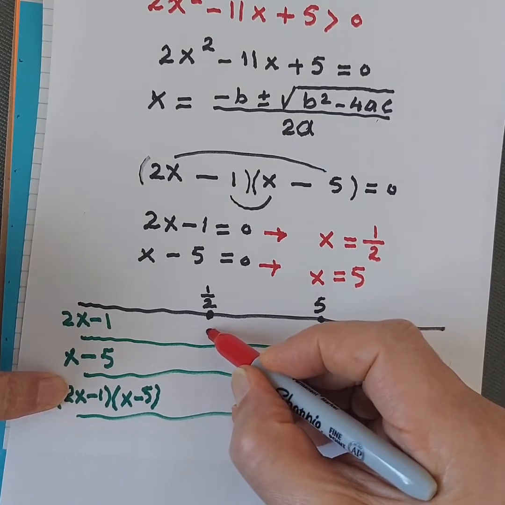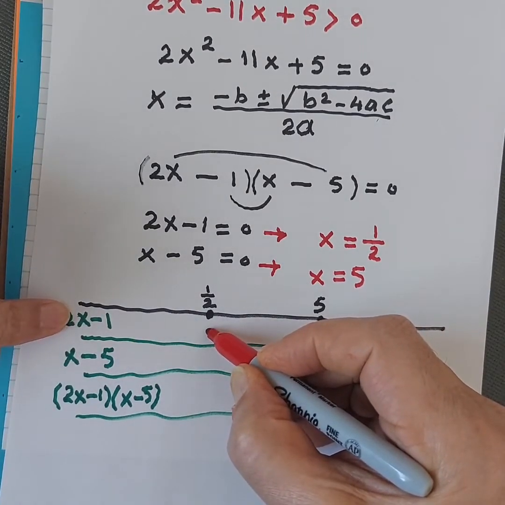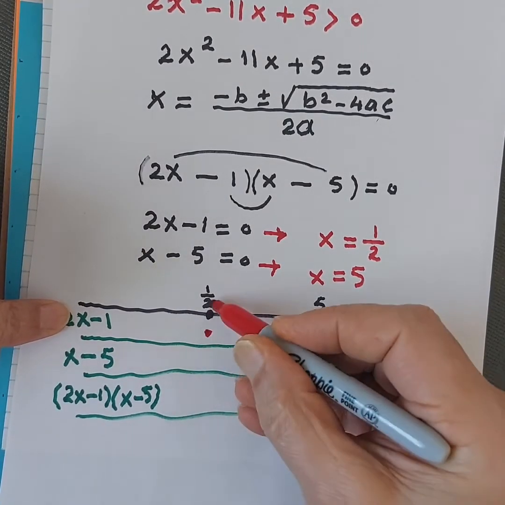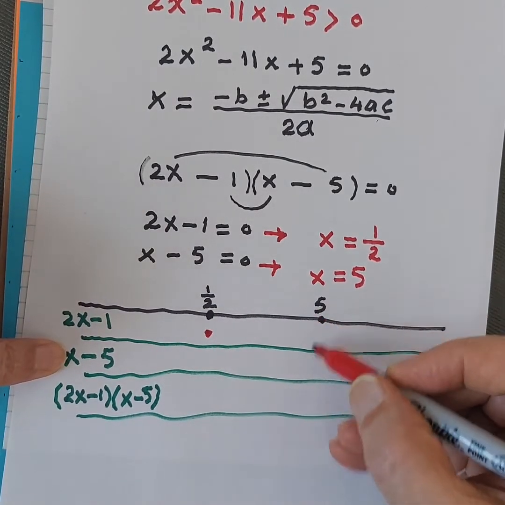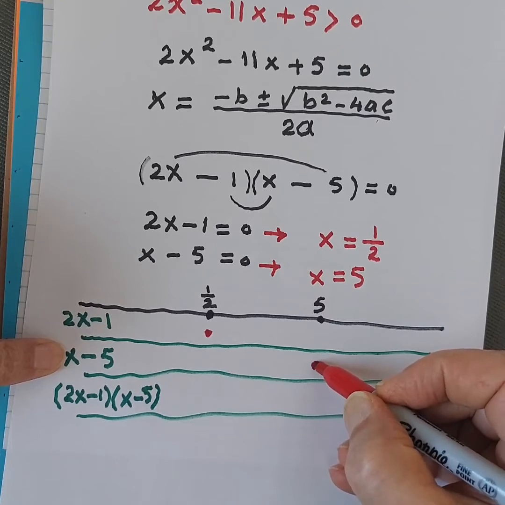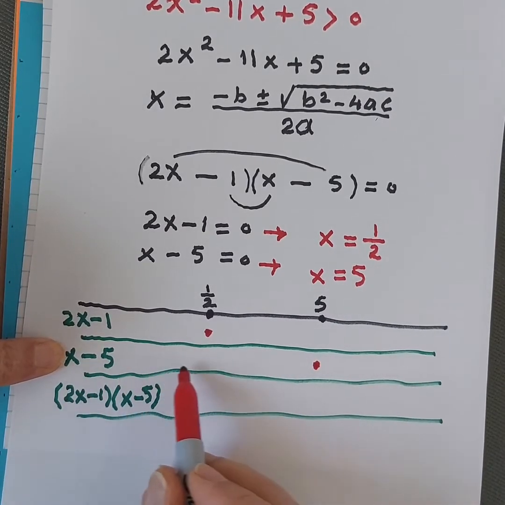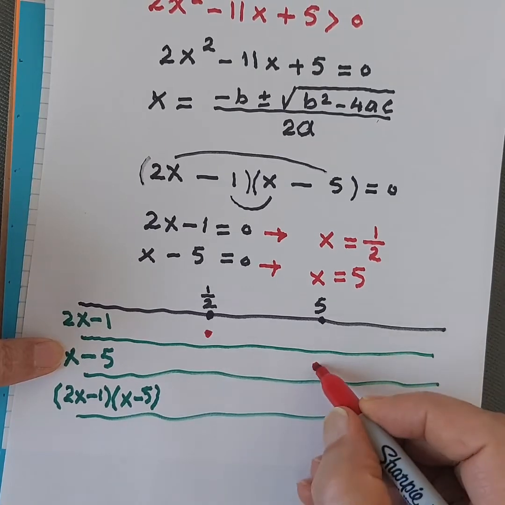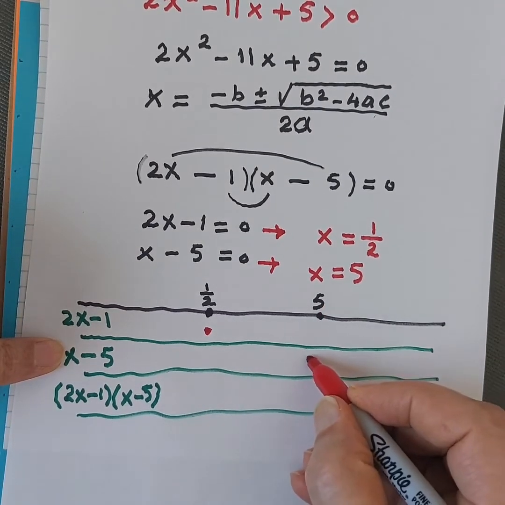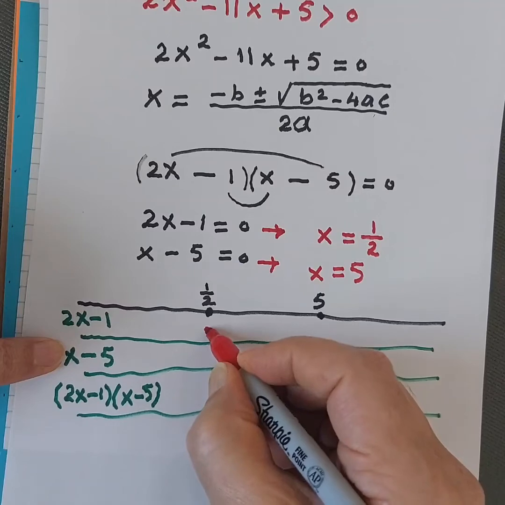Here first we know this is equal to 0 at 1/2, and this is equal to 0 at 5. In front of this one we will put 0 under 5. Let me write 0 here and 0 here.